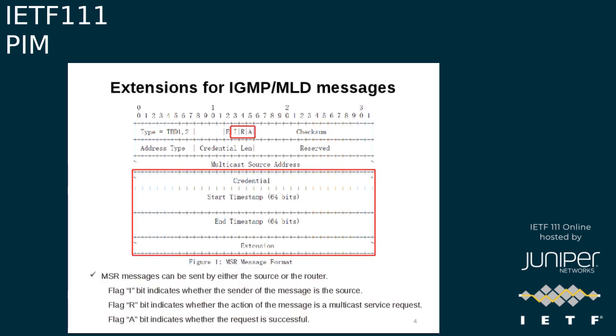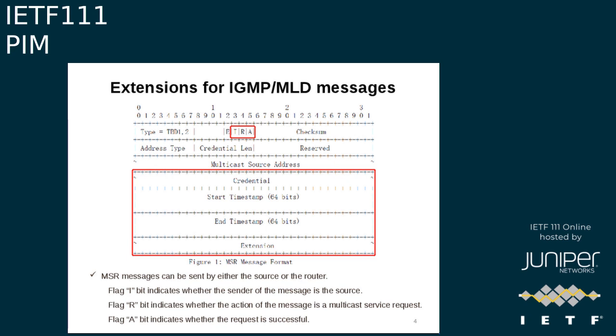Then I will introduce these messages. First, the multicast source registration message, called the MSR message, is used for the registration and deregistration of multicast sources, as well as the corresponding response. Flag I bit indicates whether the sender of the message is the source.